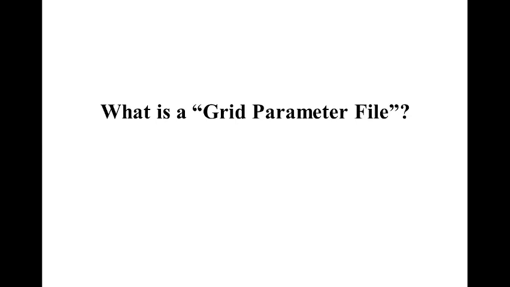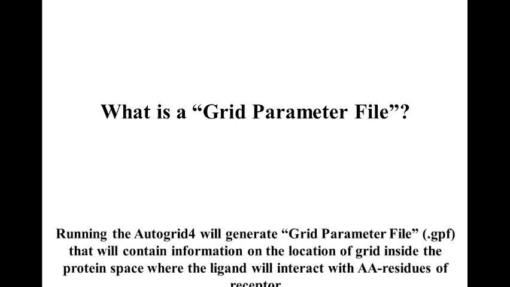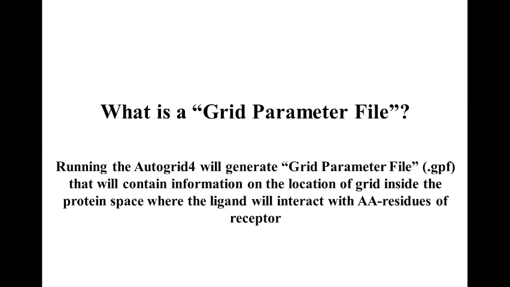What is a grid parameter file? Running the AutoGrid 4 will generate grid parameter file that will contain information on the location of grid inside the protein space where the ligand will interact with amino acid residue of the receptor.